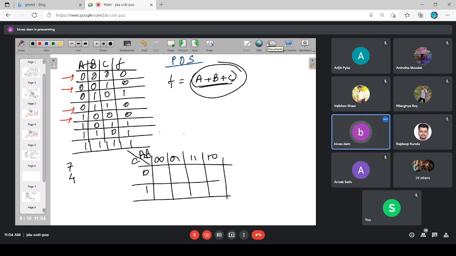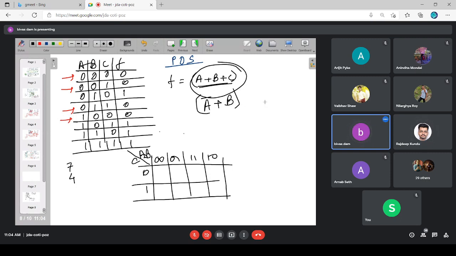If my sum term was, instead of A plus B, A bar plus B, and I am still working with a 3 input variable function, how many cells in the Karnaugh map will get occupied by 0? 2.